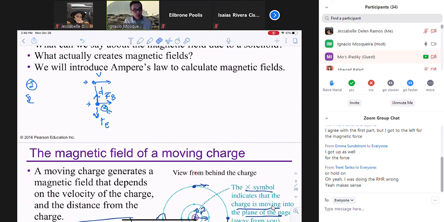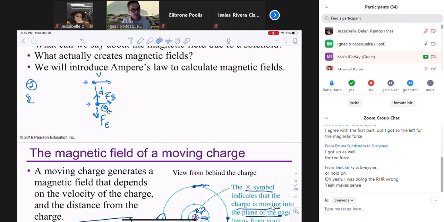Okay, so one question you could ask in this situation is, you can see the magnetic force and the electric force are pointing in opposite directions based on what we just said. The magnetic force is pointing up, the electric force is pointing down. So you might consider, is it possible that the magnetic force will exactly cancel the electric force and then there is no force?